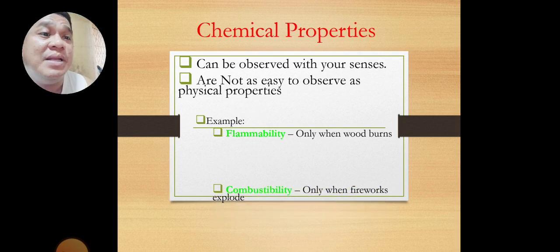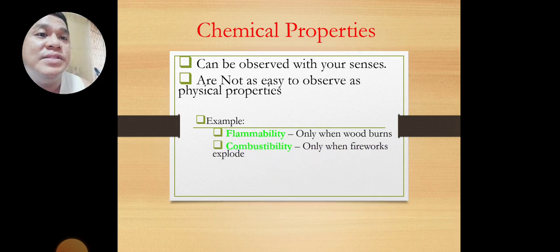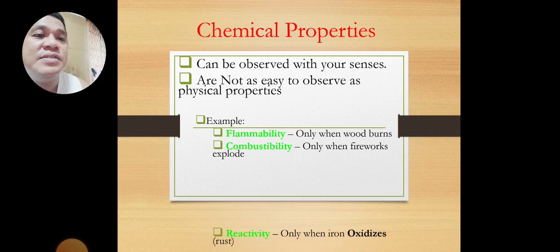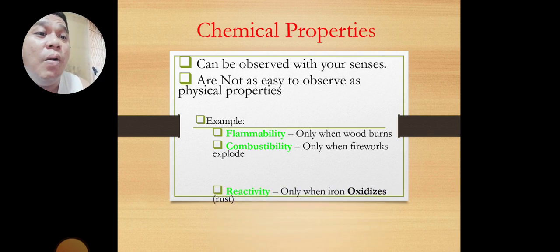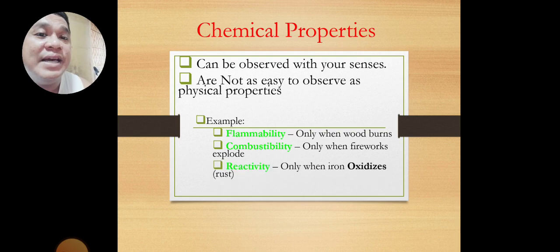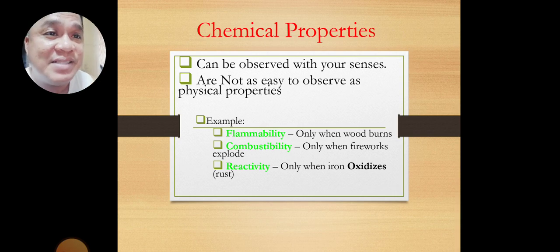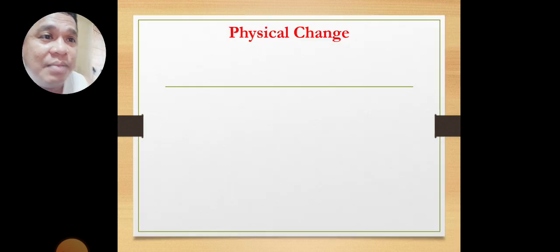And combustibility is only seen when firewood explodes. Then, of course, for reactivity, only when iron oxidizes into rust. That's absolutely chemical properties.